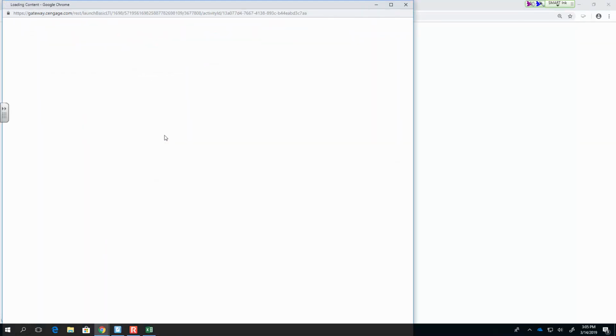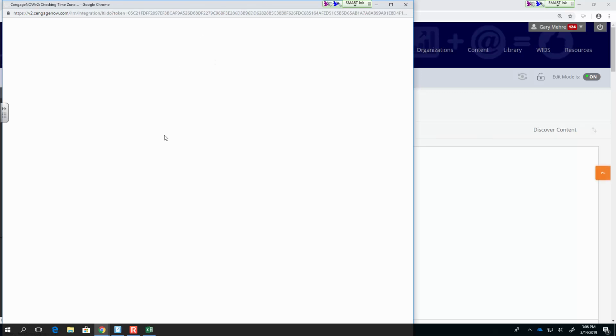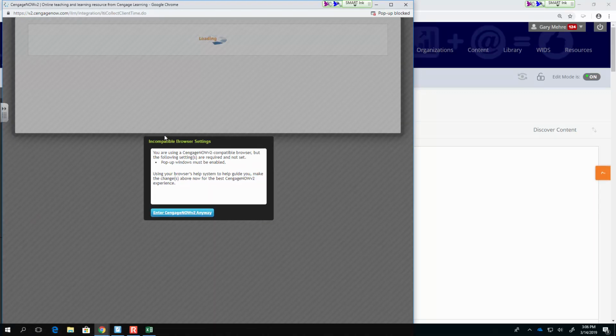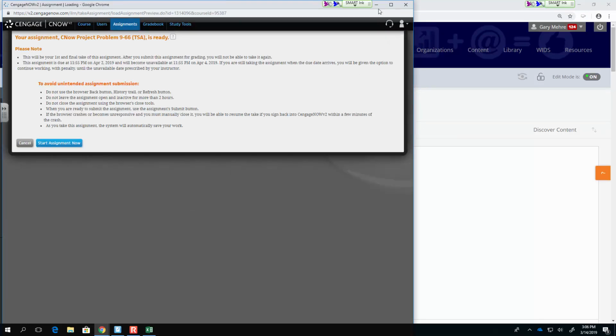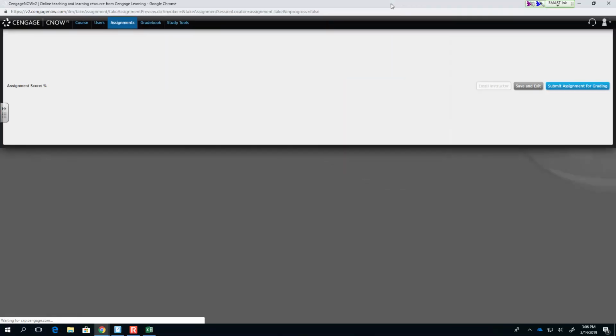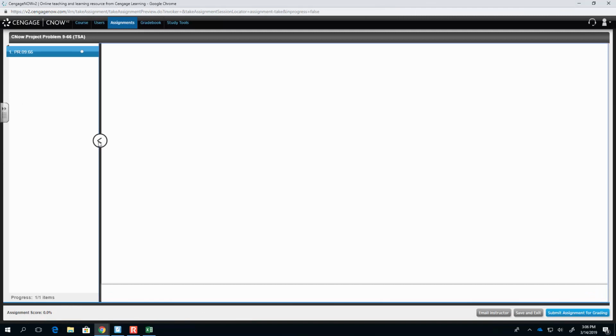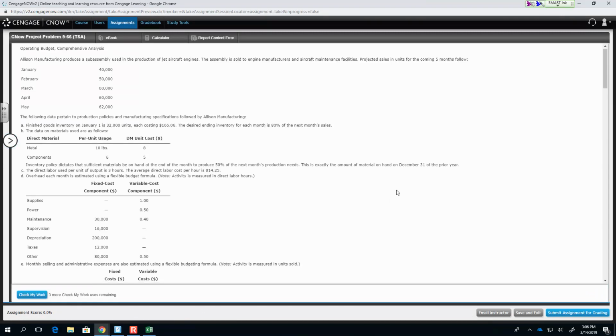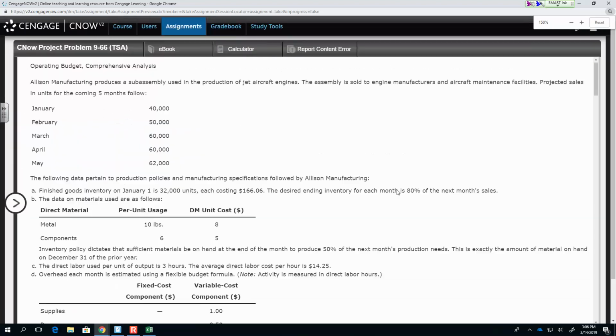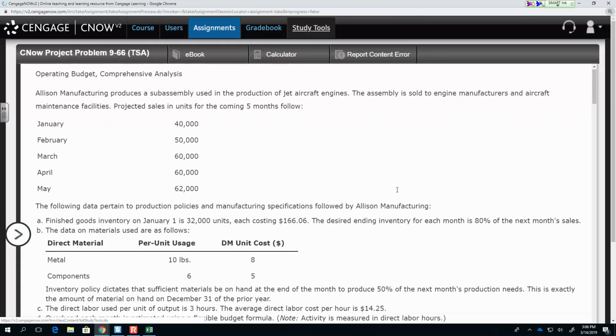Problem 66. Could I have you turn the page to 509? I'm going to expand this up a little bit so you can see it.